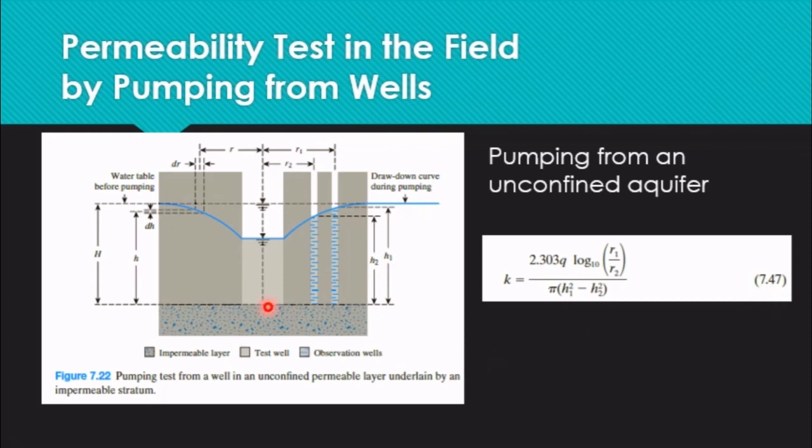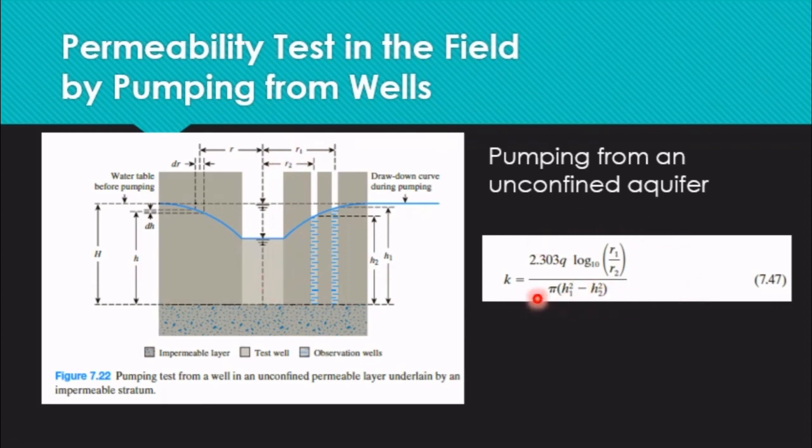Kailangan mo magsaksak ng dalawang well na maliit dito. Ang tawag dito ay test well, and then ang tawag dito ay observation well na merong distance na R1 and R2 from the test well. And then meron tayong H1 and H2.